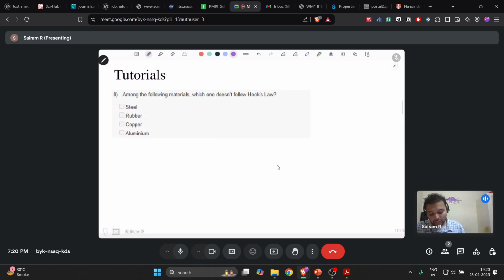Among the following materials, which one doesn't follow Hooke's law? What are the conditions for Hooke's law? The conditions are very small values of strain, and we should have a linear elastic region. In the case of steel, copper, or aluminum, which are metallic materials, we know for a fact that we will have a linear region followed by a curved region.